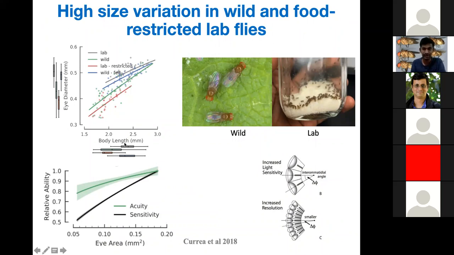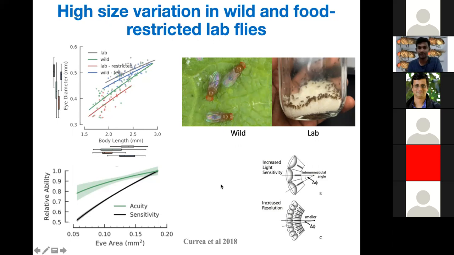We quantified body length and eye diameter. In the wild there is a huge variation in body length, but because we feed them a lot in the lab with unlimited food, all of them tend to be larger in general. So if we starve them, we create more variation and smaller individuals.